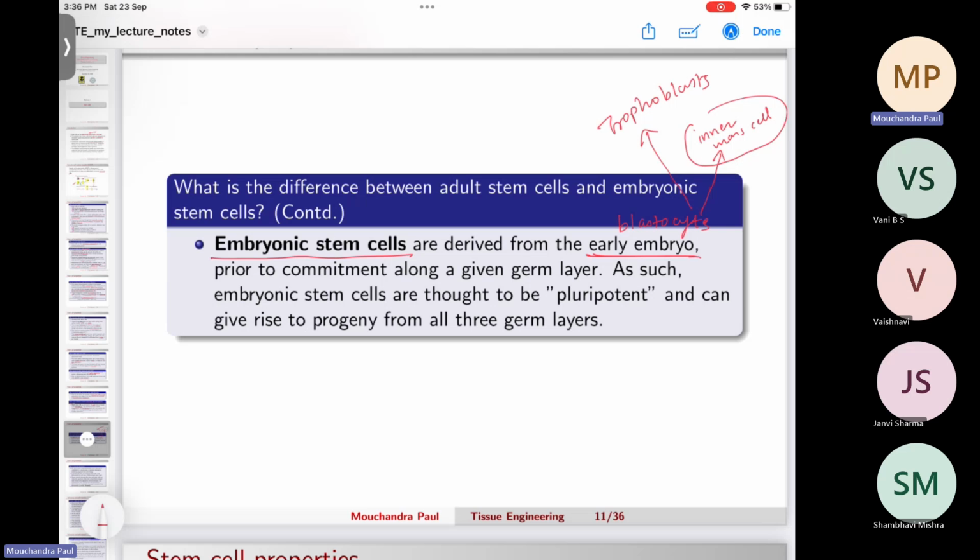And these cells are thought to be pluripotent, you can say almost totipotent, because they can give rise to the cell population from all the 3 germ layer types. So if I were to ask from where the embryonic stem cells come, you should be able to immediately answer that they are present in the inner mass of the blastocyst structure of the embryo, okay.